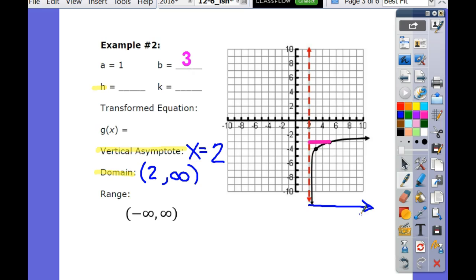And the parent graph has an asymptote at 0, so this has been moved right too. This is the key point, 1, 2, 3, 4, in the negative direction. The key point has been moved down 4. Log base 3 of x minus 2, minus 4. This changes signs, this does not.